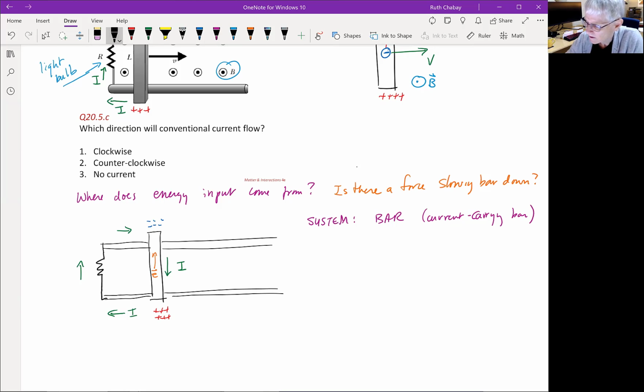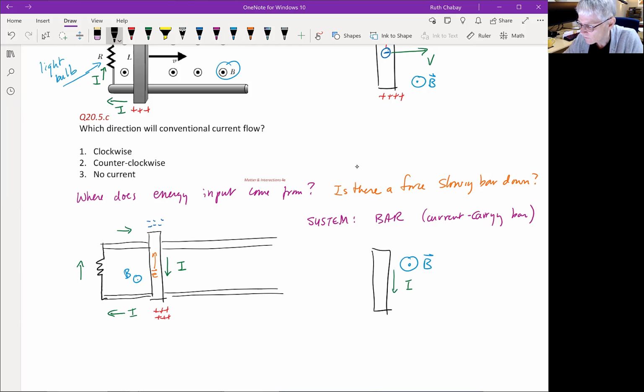So here's our bar. We have conventional current going down. We have a magnetic field out of the page. And so now we get to use our other equation for magnetic force.